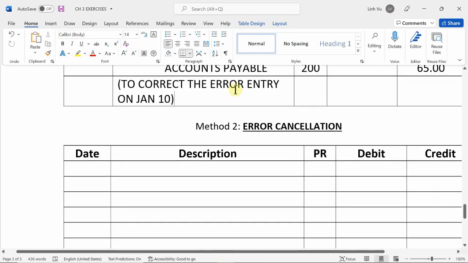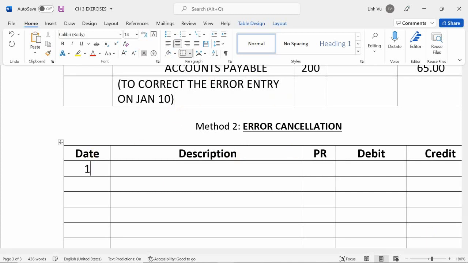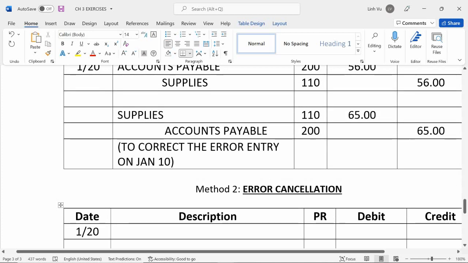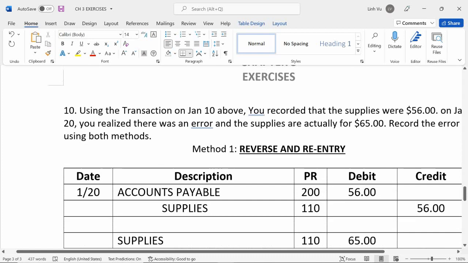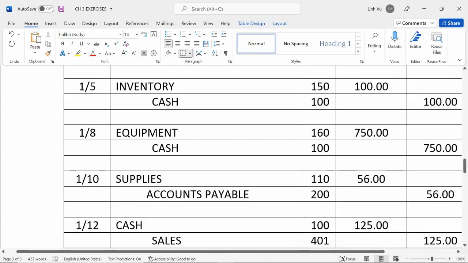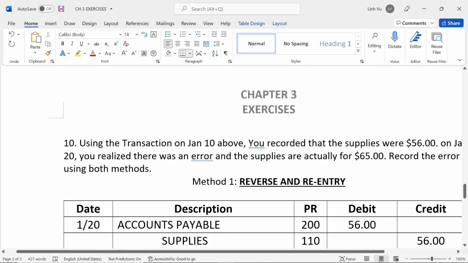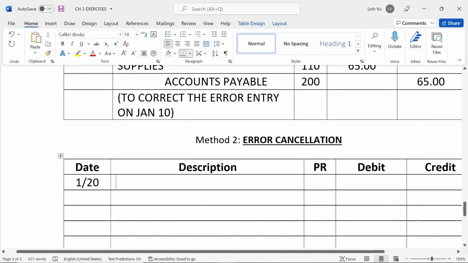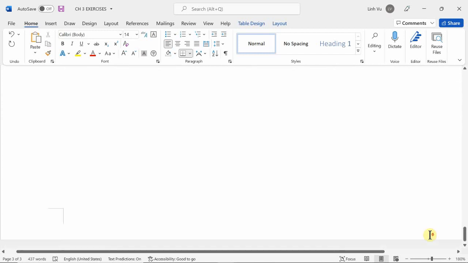Now let's practice using the error cancellation method this time. How am I going to use the error cancellation method to correct this journal? Right now, my supplies says I have 56 when it needs to be 65. So how do I correct that using the error cancellation?